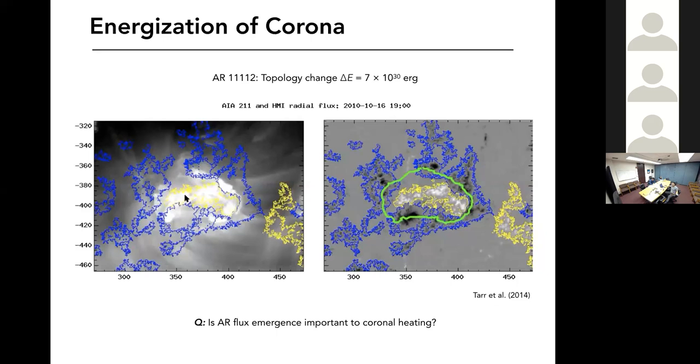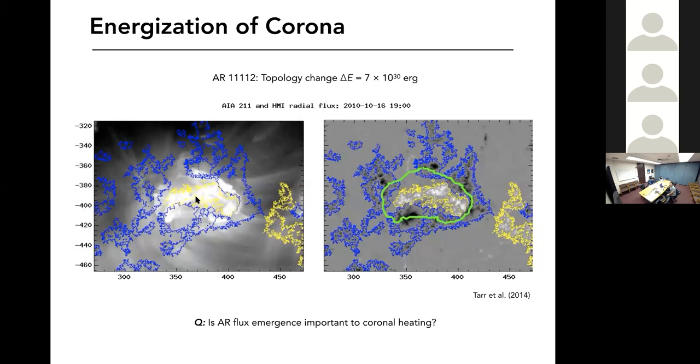And if you want to change the connectivity of the coronal loops, you will have to go through reconnection, at least on such a short time scale. And if you reconnect, you will release part of the magnetic energy. So that energy will heat the corona, and as you see in this particular channel, 211, it gets brighter and brighter.